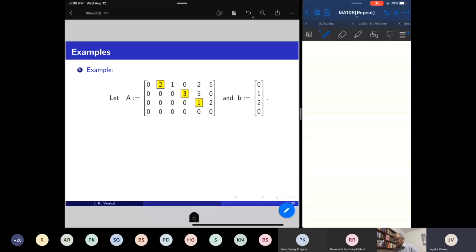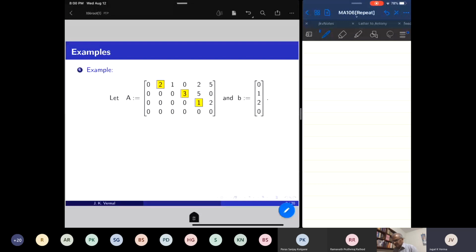As you can see, the first row has pivot 2, the second row has pivot 3, and the third row has pivot 1. The pivot 3 is to the right of pivot 2. It's not below it, it's not to the left of it, it is to the right. And pivot 1 is to the right of pivot 3, and so on. And the 0 rows are at the bottom of this matrix.